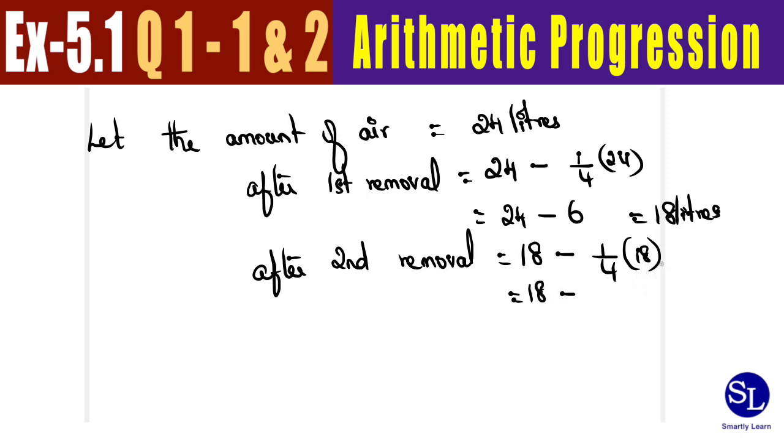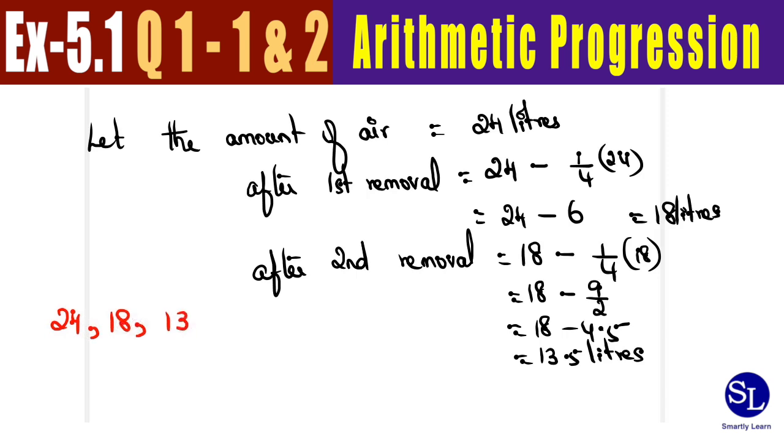So 18 minus 18 divided by 4, which is 9 by 2, which is equal to 18 minus 4.5, which is going to be 13.5 liters. I think we have enough data to check whether it is AP or not. So let us list the numbers. The numbers are going to be 24, 18, 13.5, and so on till we pump out all the air.